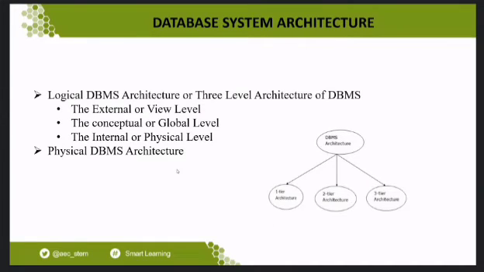One tier architecture. In this architecture, the database is directly available to the user. Two tier architecture. The two tier architecture is the same as basic client server. Three tier architecture. The three tier architecture contains another layer between the client and server.